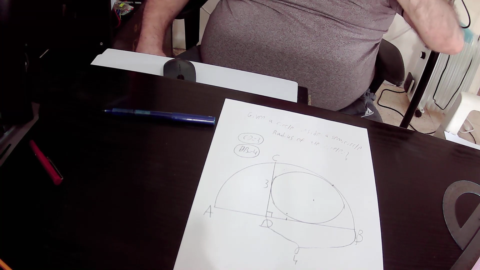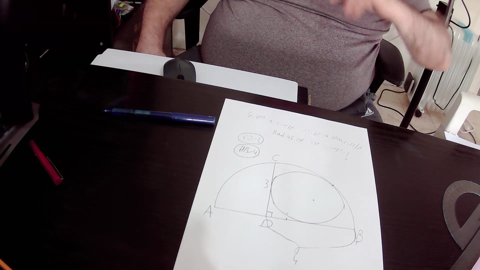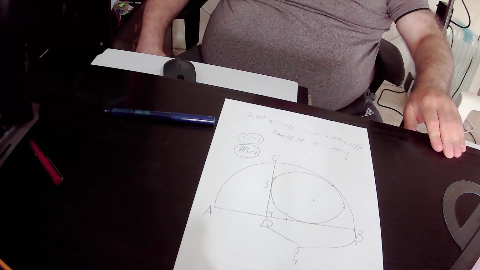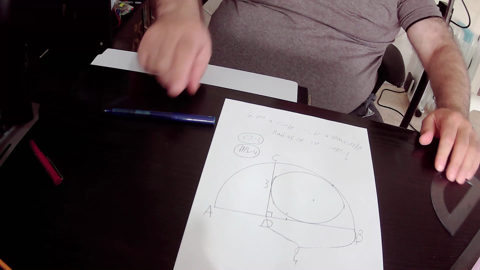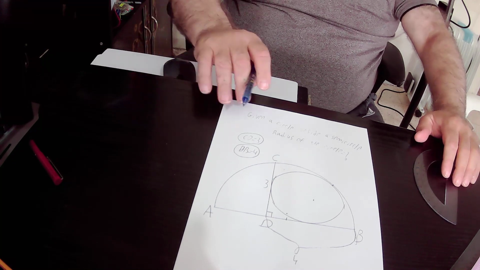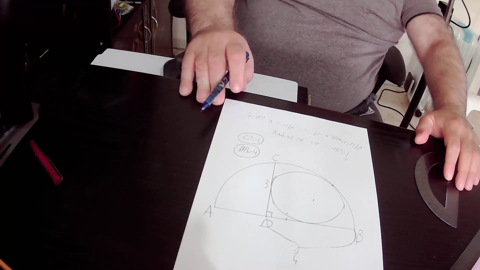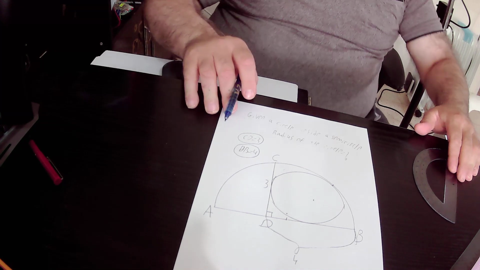Okay, so first of all, we'll make a construction. We'll complete the semicircle to a circle.